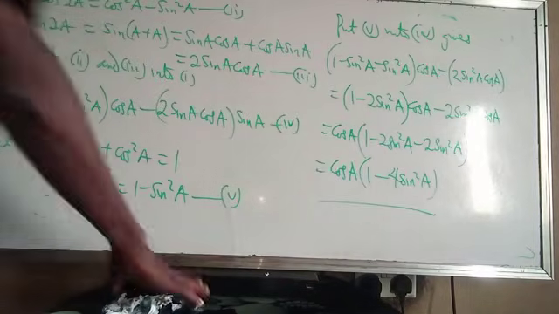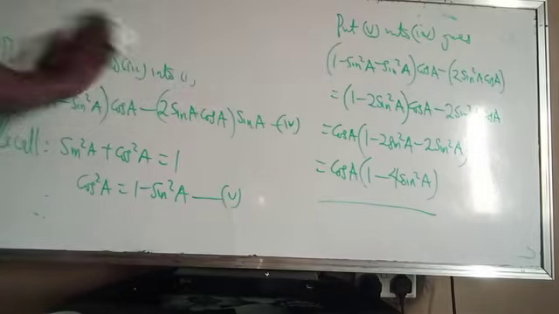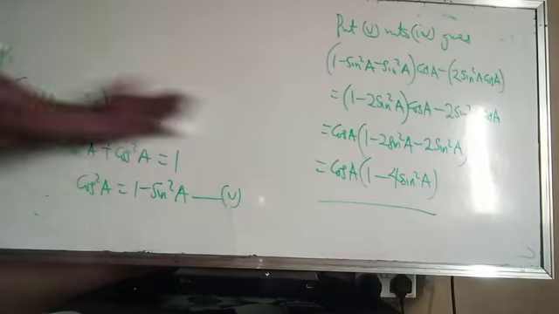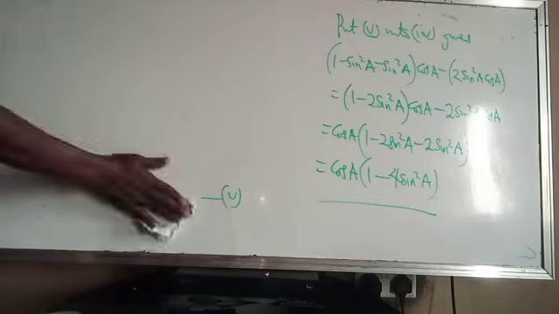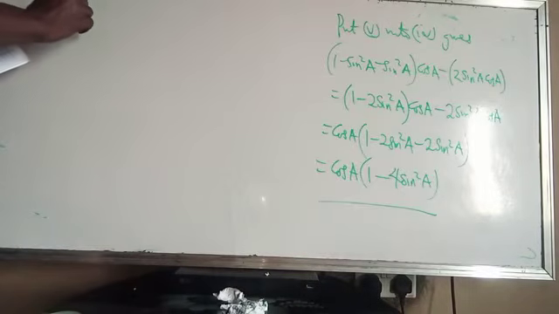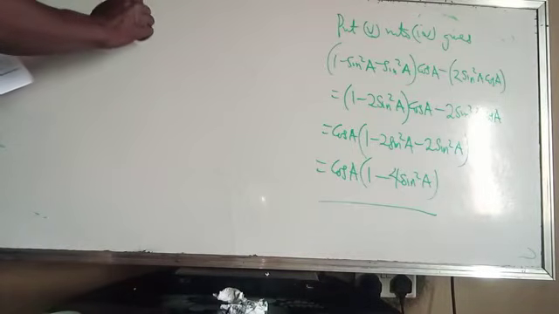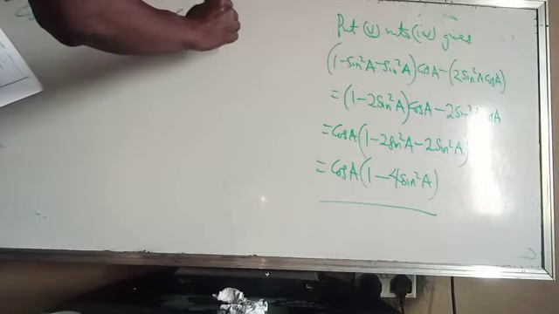Now let's go back to the initial formula. Don't let us forget, what has given us this is cos 3a cos a, which has given us cos a into (1 minus 4 sine square a).